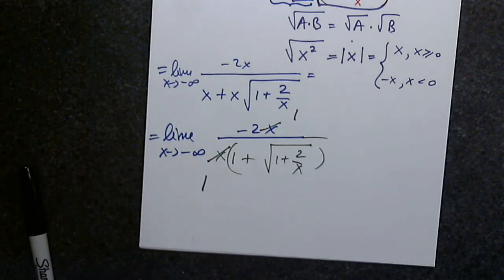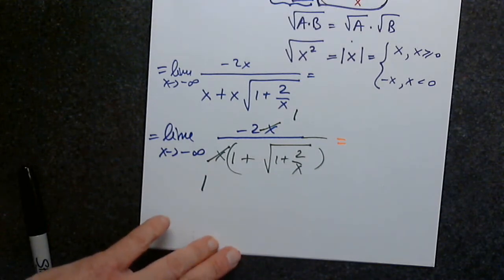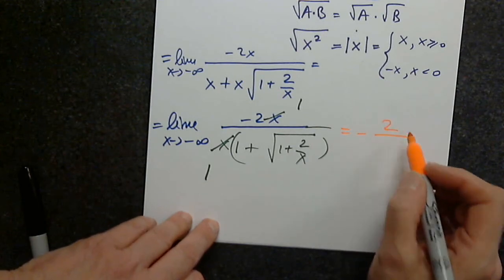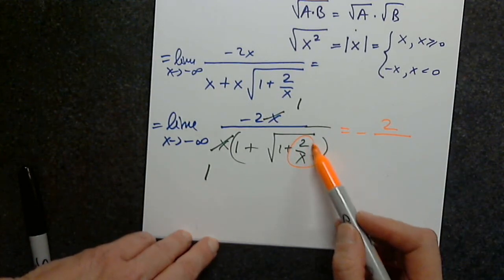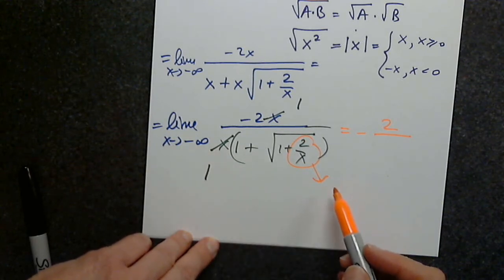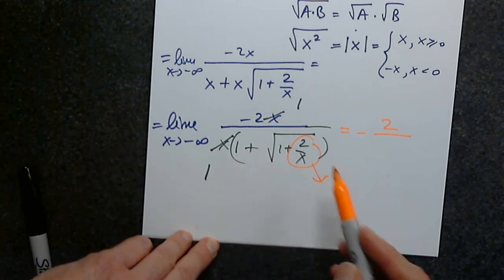It's the final stage. Where does the numerator go? When x approaches negative infinity, the numerator goes to -2. There is nothing there. Where does this go when x approaches negative infinity? Good.